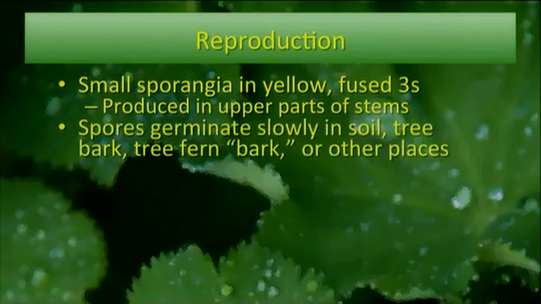And the spores germinate very slowly. If you try to get some spores and sow them, you may be frustrated because they need their mycorrhizae in order to germinate and grow. They'll germinate slowly, either in soil or tree bark or tree fern bark or some other place.